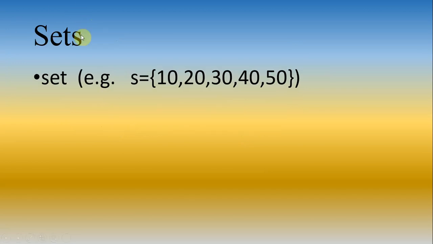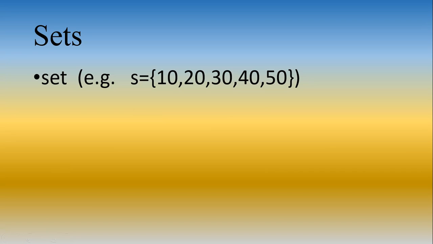Next is sets. Now set is represented with curly brackets, and a set has two important criteria. One, a set cannot contain duplicate elements.